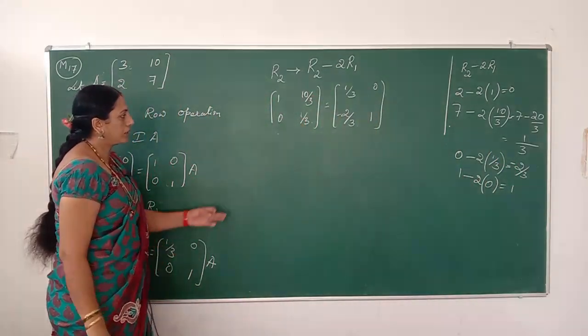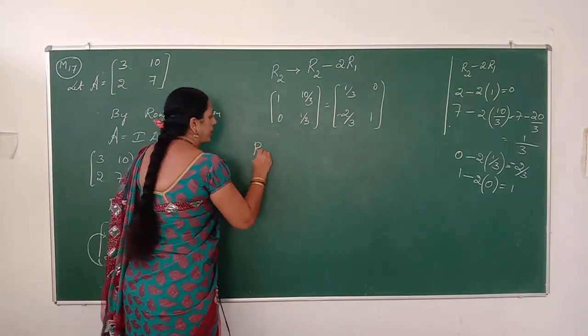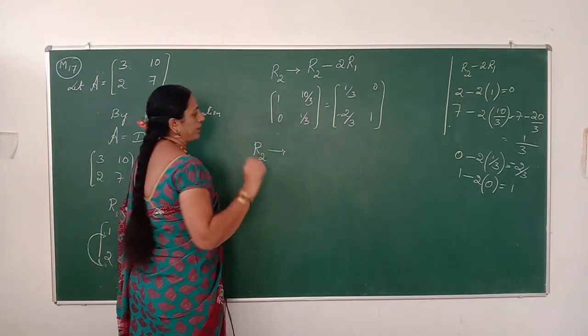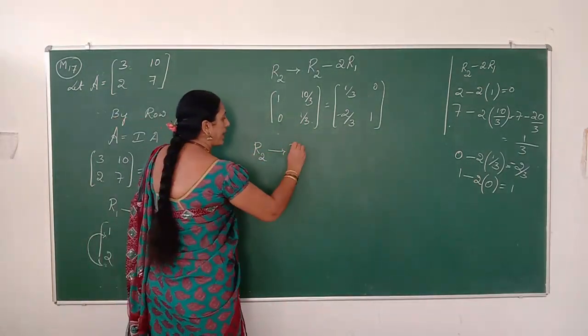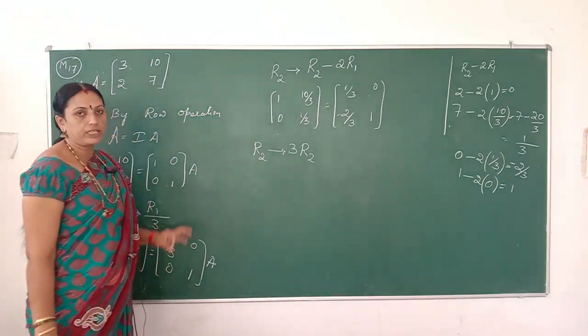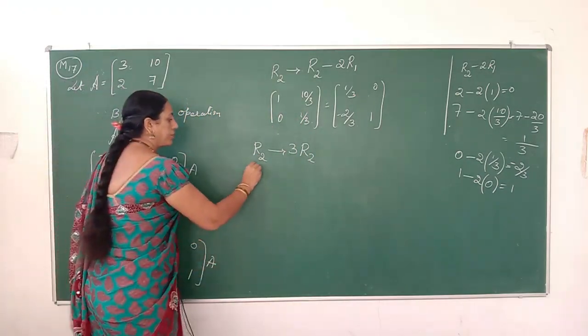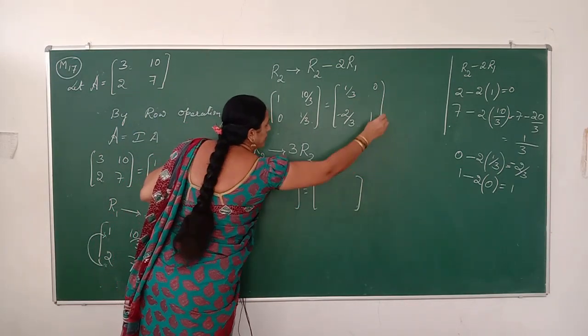Then the third step: 1 by 3 has to be changed to 1. Therefore R2 is replaced by dividing throughout by 1 by 3, or multiplying by 3. R2 is replaced with 3 times R2, meaning all the elements of R2 are multiplied by 3.